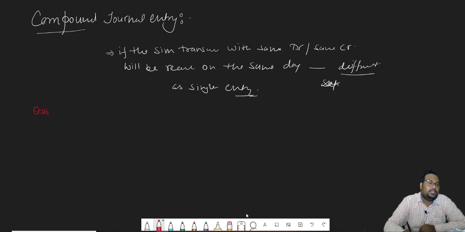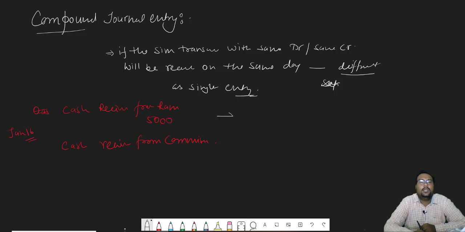See one assumed question. Cash received from Ram 5,000, and cash received from commission 2,000, and both take the date January 16.